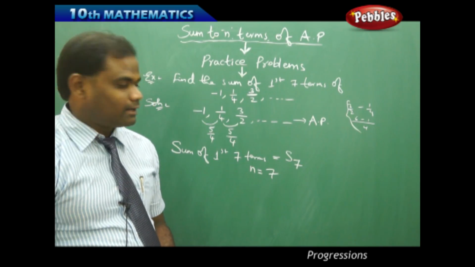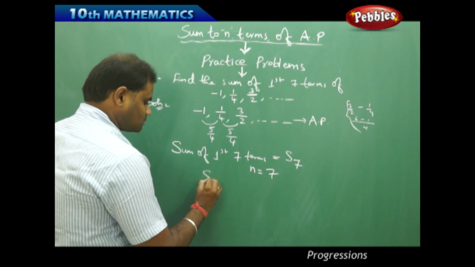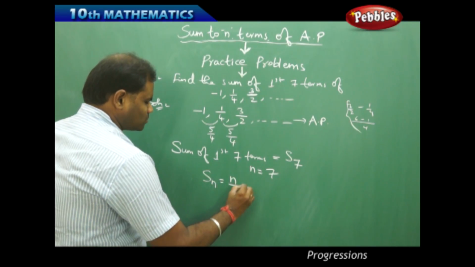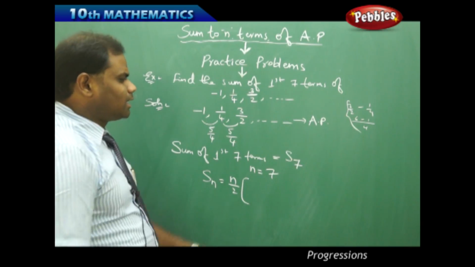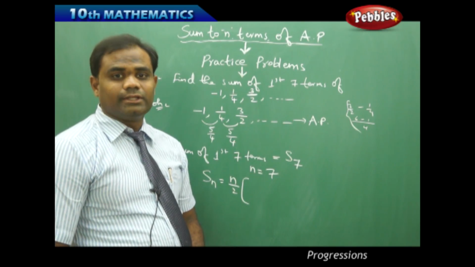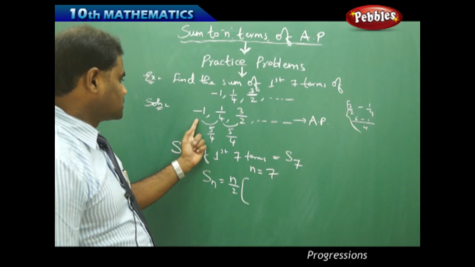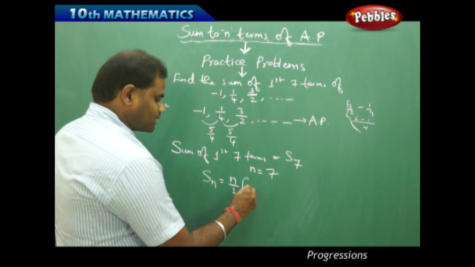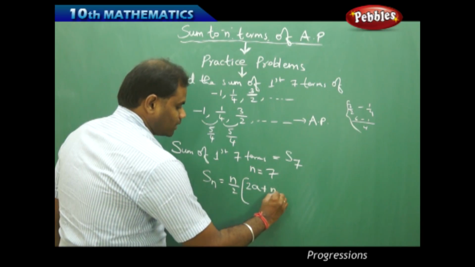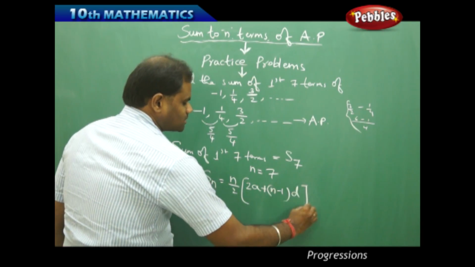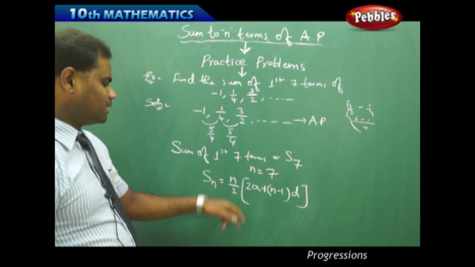So as I already have Sn equals n by 2 times... Now here the last term is not given, therefore I don't take the second case of the formula, but since the first term and the common difference are given, I take the general formula 2a plus (n minus 1) times d, where my n is 7.